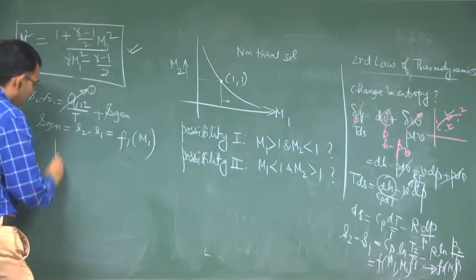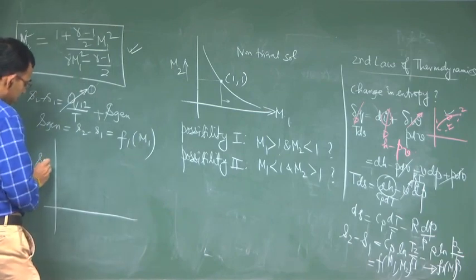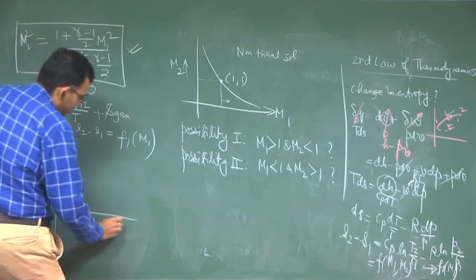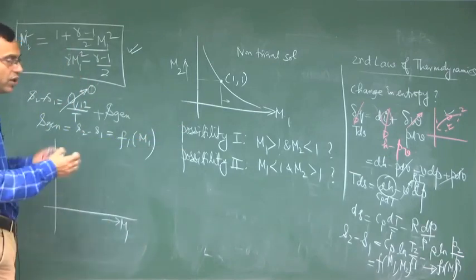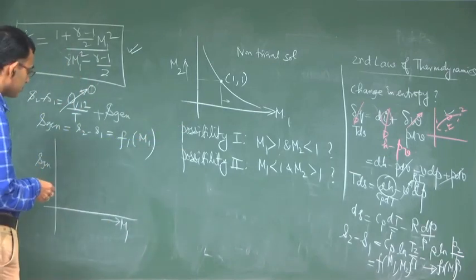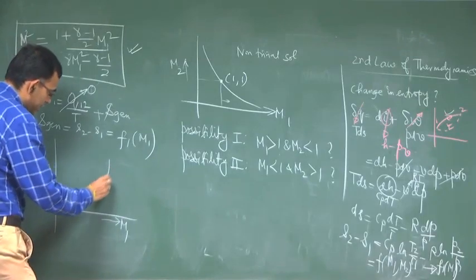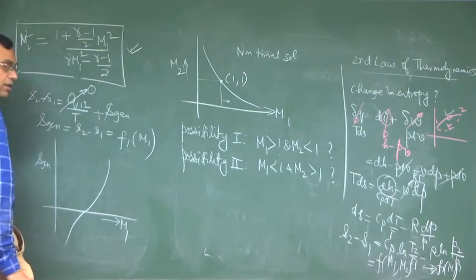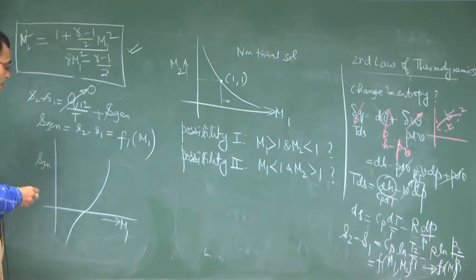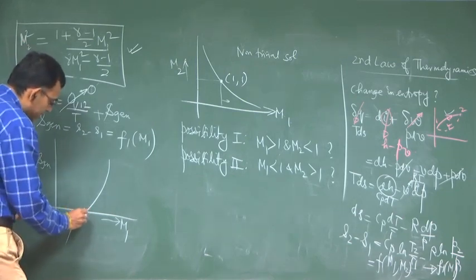So, now if you plot this entropy generation as a function of M1 by plugging in the formula, you can easily use a plotting software to plot it. So, you will see this type of variation. I am trying to draw it a bit schematically, so it may not be exactly the same, but this is the magic point.